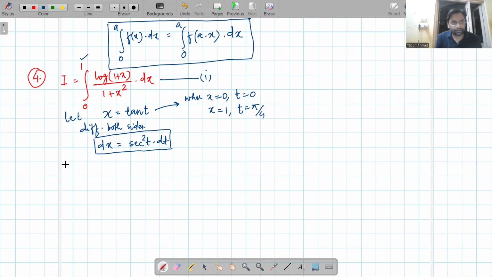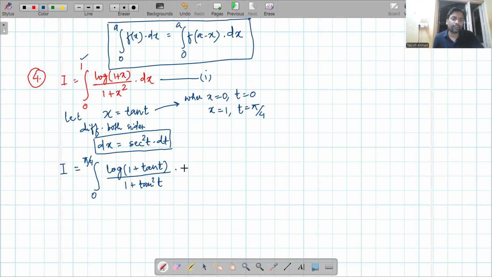So our integrand now changed, that became integration 0 to pi by 4, and log(1 plus x) will become log(1 plus tan t). In the bottom, it is 1 plus tan square t, because that was 1 plus x square.